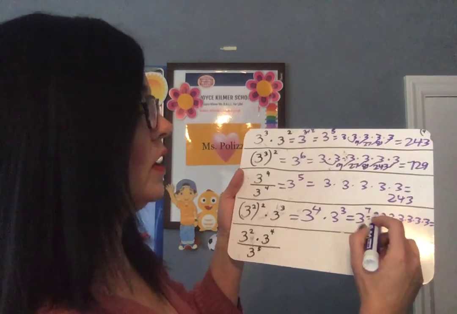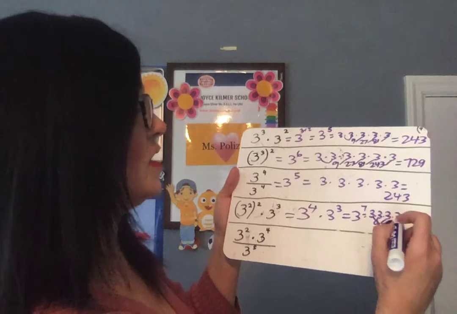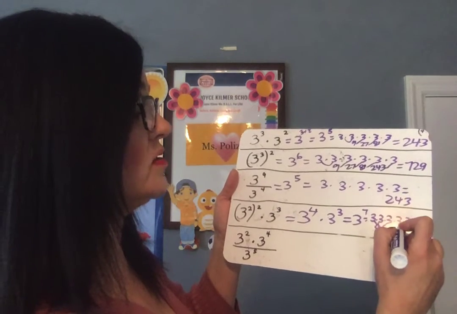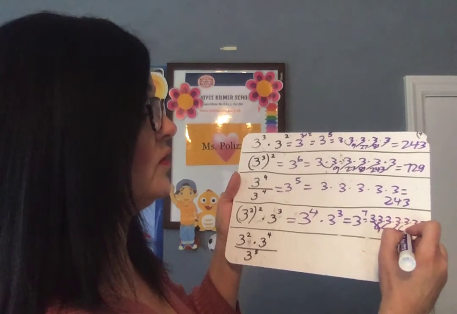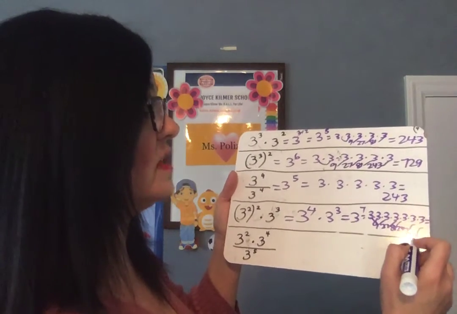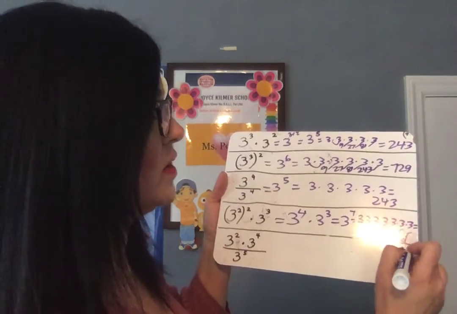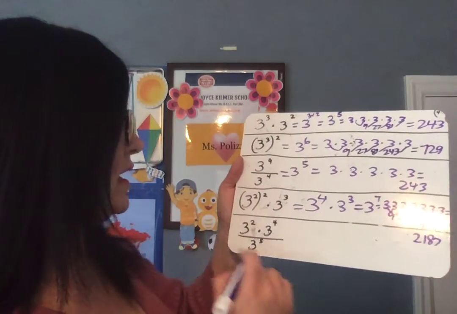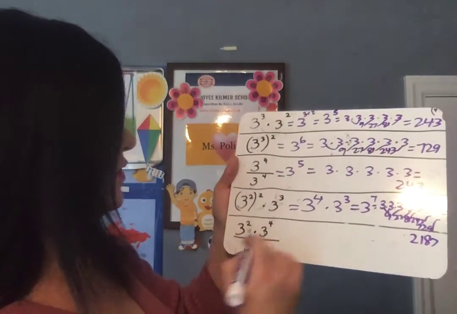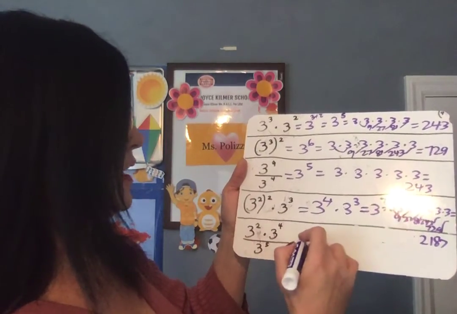And we know 3 times 3 is 9, times 3 is 27, times 3 is 81, times 3 is 243, times 3 is 729, and finally 729 times 3 is 2,187.